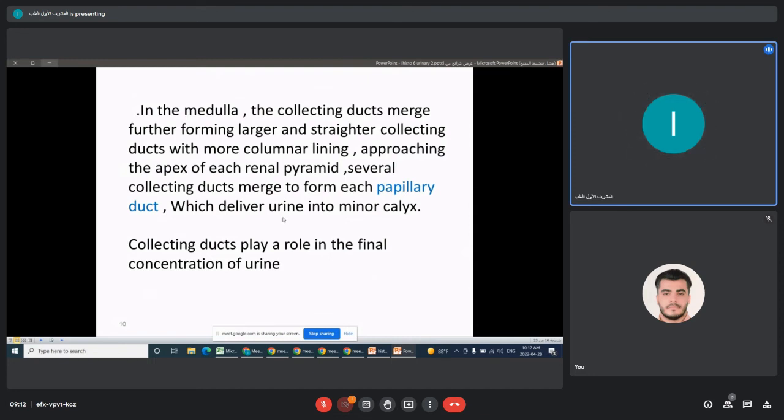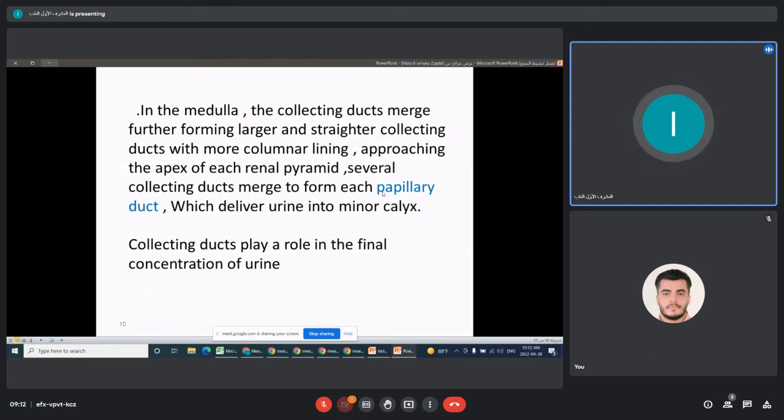At the tip of the renal pyramid, which is called the renal papilla, the duct at this site is called the papillary duct. And this functions to deliver the urine into the minor calyx.